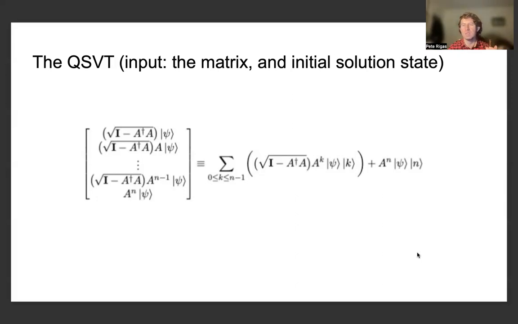And then we're going to iterate this process for n-1 entries of the row vector to obtain A, the matrix raised to the n-1 power, which is the n-1th entry of the row vector, which is also multiplied by the square root of the identity I minus the Hermitian conjugate transpose of A times A. And the final state at time step n of the solution to the partial differential equation that we're interested in solving with the QSVT is A to the n times psi.